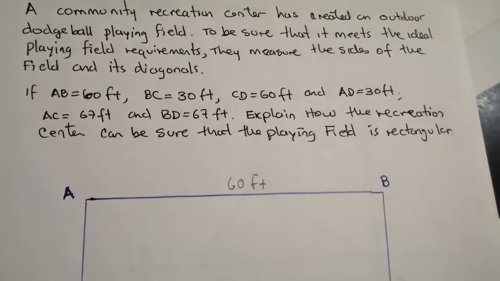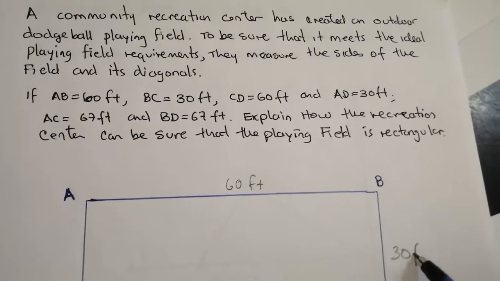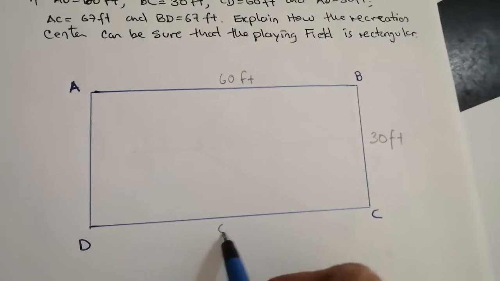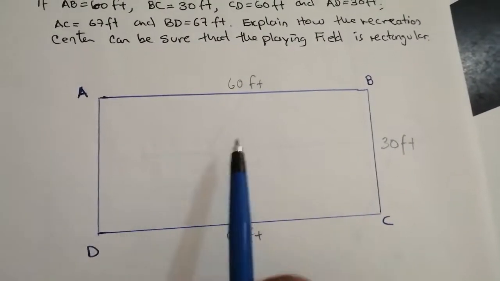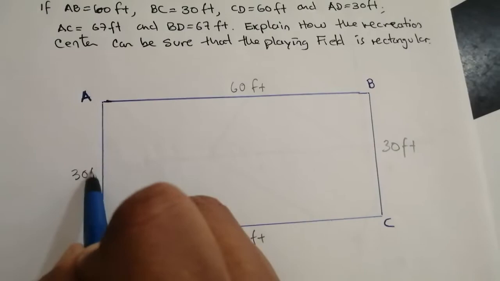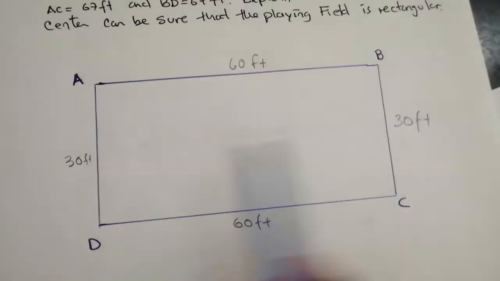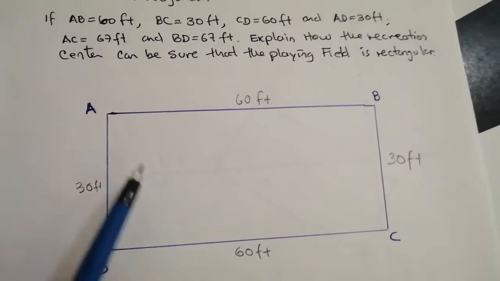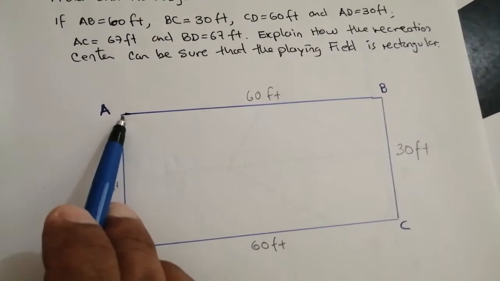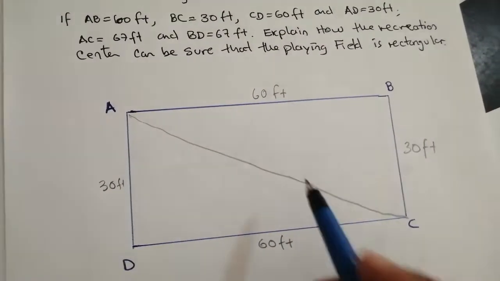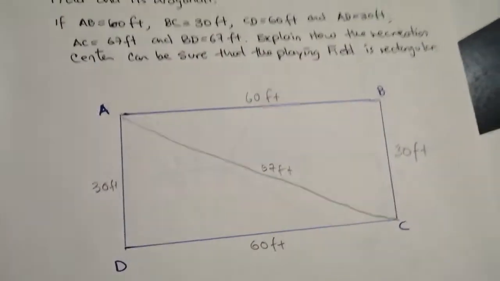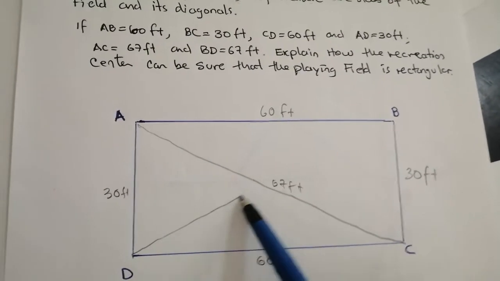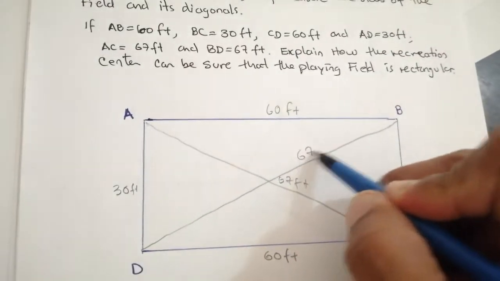AB is 60 feet, BC is 30 feet, CD, this one down here, is also 60 feet, and AD is 30. So what we know is that opposite sides are congruent. And also they said AC is 67. So the diagonal AC has a length of 67 feet. And at the same time they said that BD is also 67 feet.